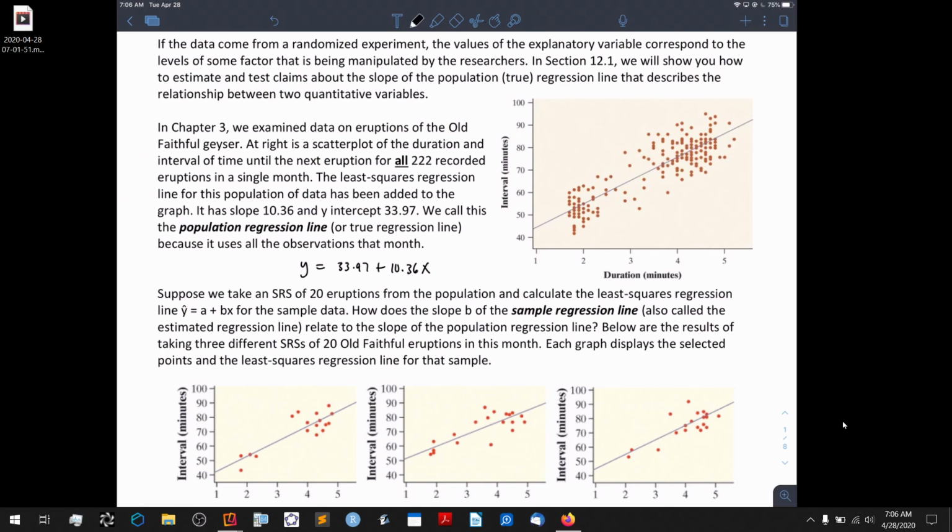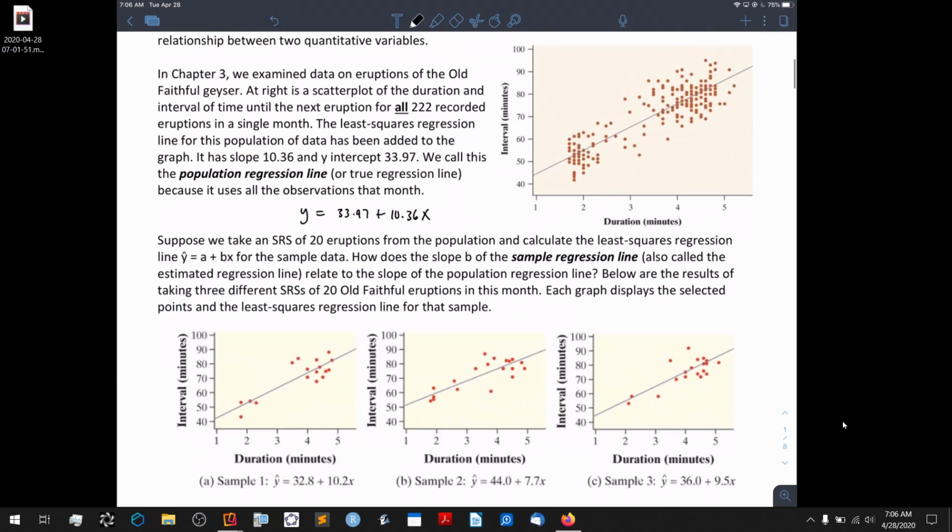Okay? And so now what we're doing is saying, suppose we take an SRS of 20 eruptions from the population. So I go here and I take a sample of 20 of these little dots, and then I calculate a least squares regression line for my sample of size 20.